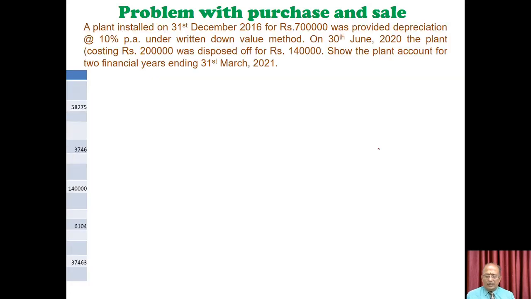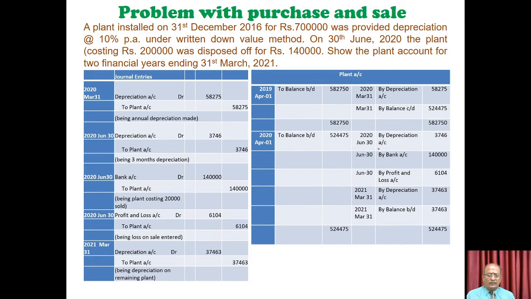Now we will go to the ledger account. So the journal entries I have given, on the left side, the accounts are in the plant account. So only these entries are here. So this is the opening balance we have calculated. On that we have provided depreciation. Balance is carried out. This is the opening balance, and for that the remaining asset worth rupees 2 lakhs was disposed of.